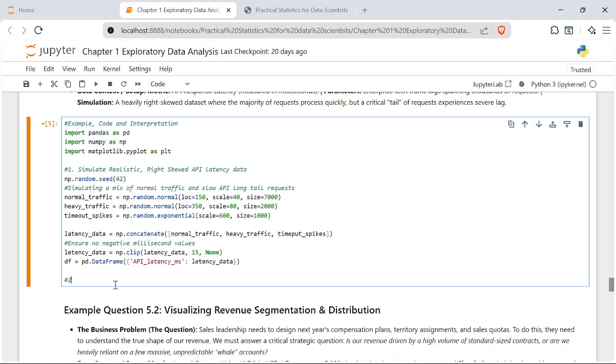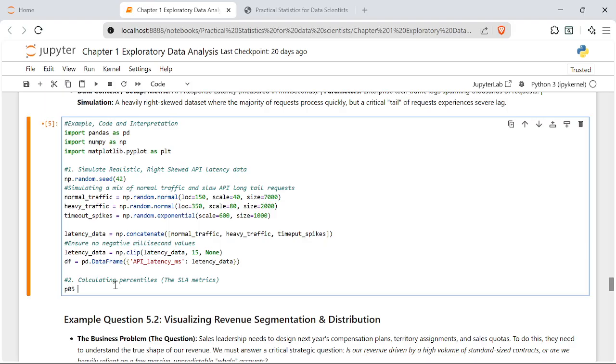Number 2, calculating percentiles, the SLA metrics.